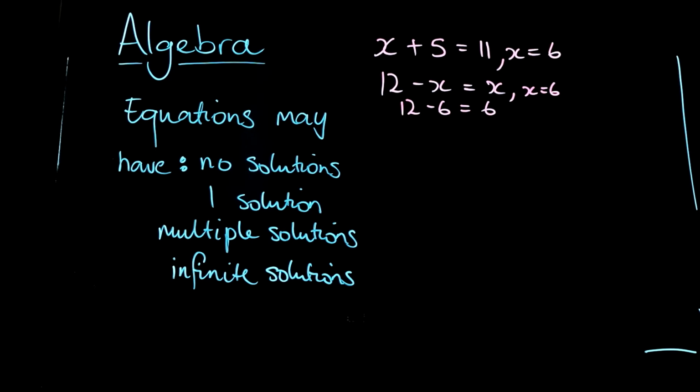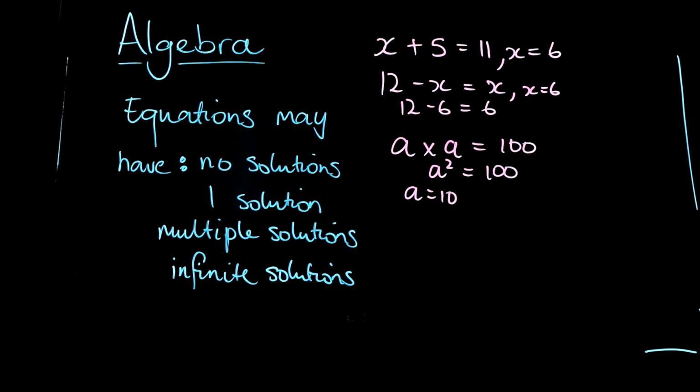So let's look at a situation where we could have a couple of different solutions. Some letter times by the same pronumeral is equal to 100. I see 100 as a square number, and we could tidy this up and say a squared is equal to 100. And so I think one of those solutions is a is equal to 10. I've got one of them, but a could also be equal to negative 10.